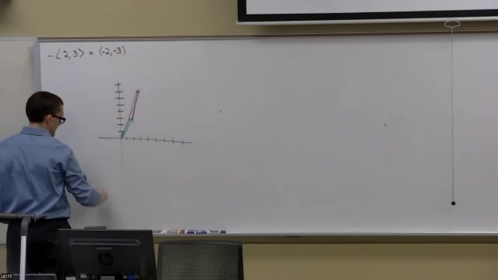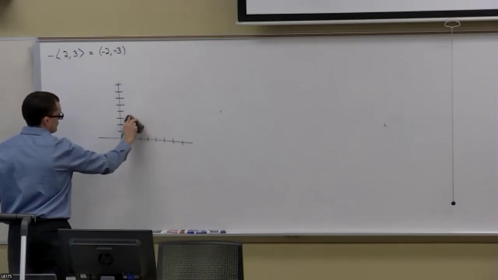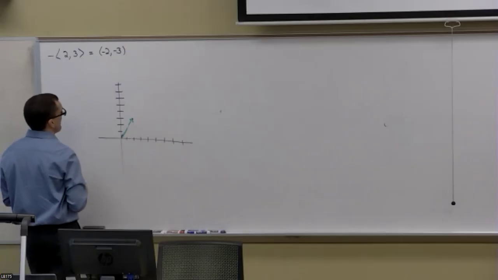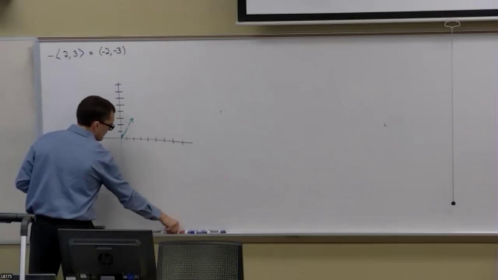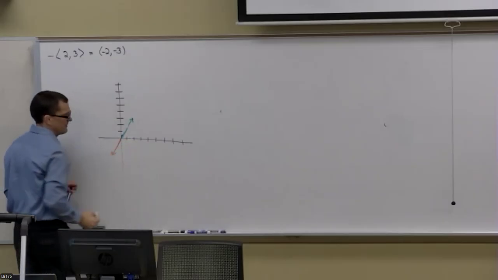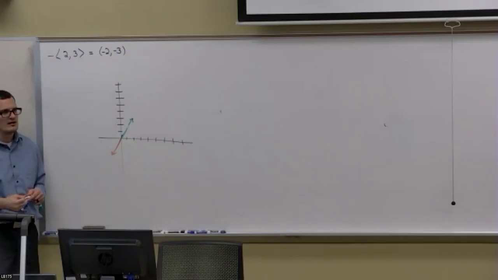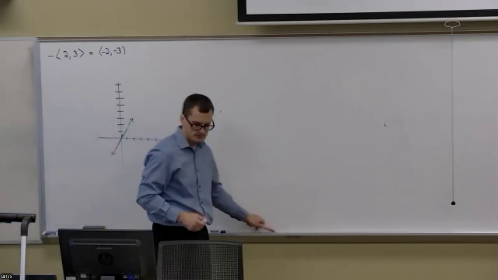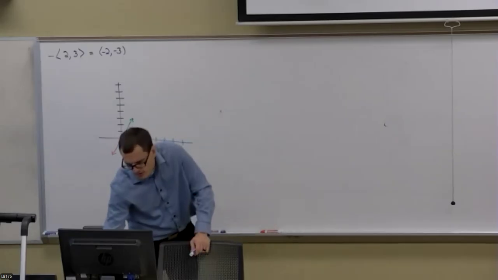So subtracting is like going in the opposite direction. So this was 2, 3. -2, -3. Put that in red. It's just going to be that same vector flipped 180 degrees. Does that make sense? Okay. So that's what's happening geometrically.